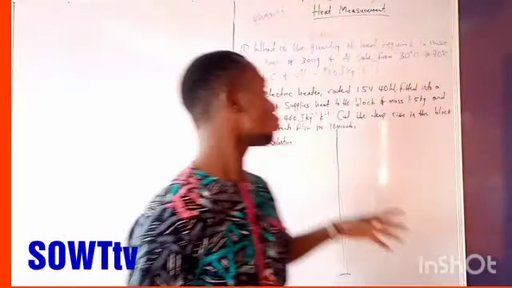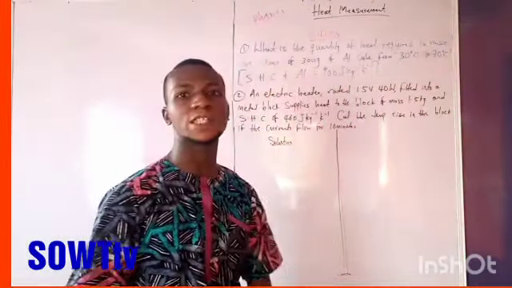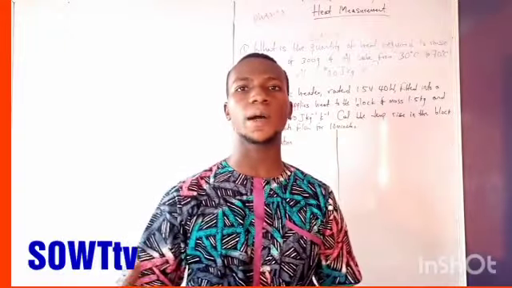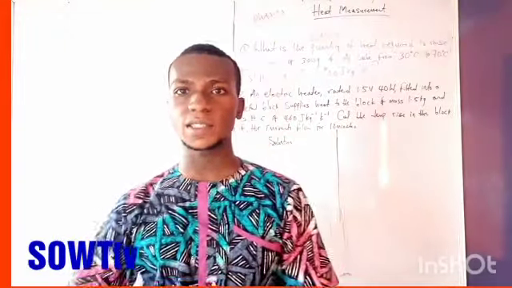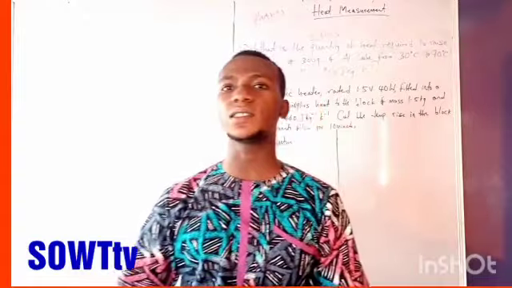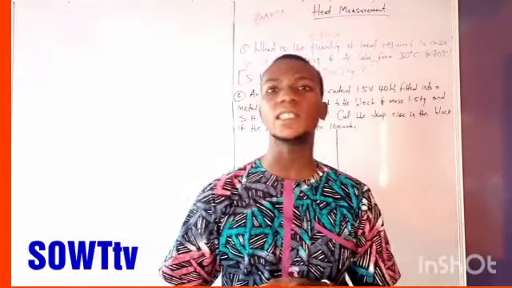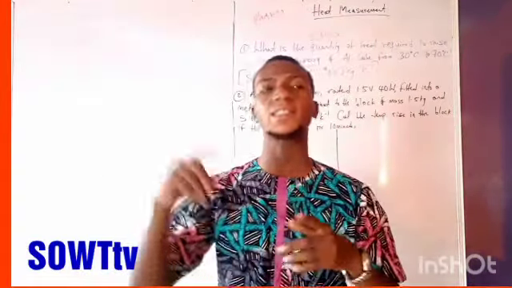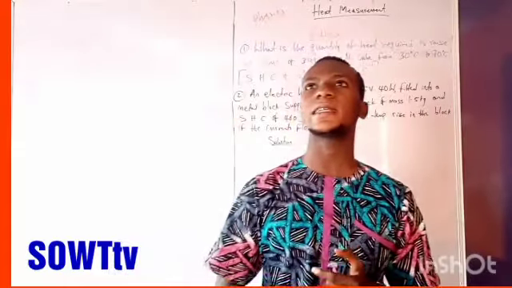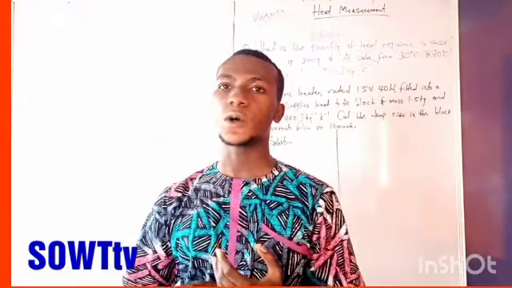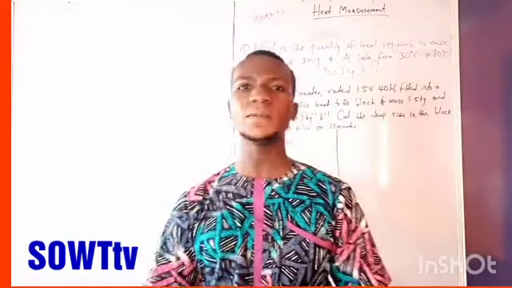And also, when it comes to heat measurements, there are some terminologies we need to talk about. We have the heat capacity, specific heat capacity, specific latent heat of fusion of ice, and specific latent heat of vaporization, that is of steam.